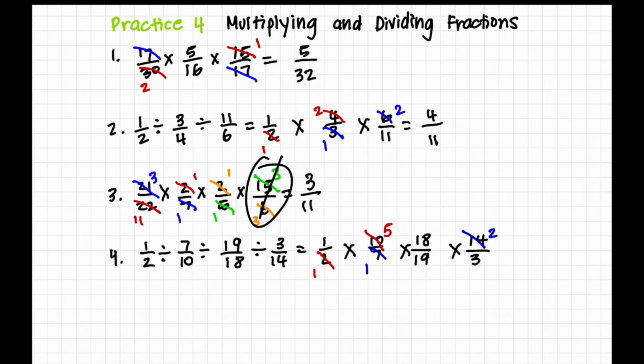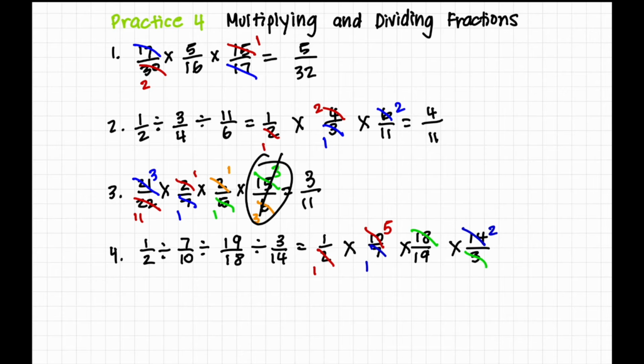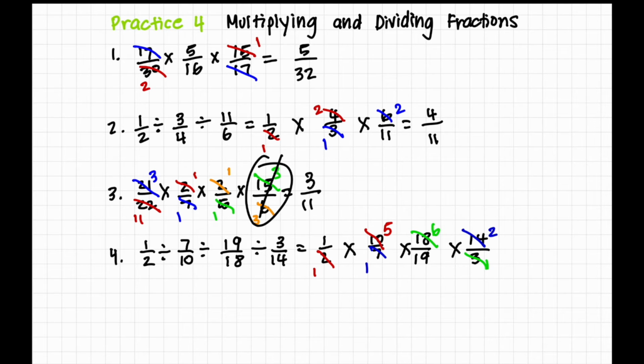And lastly, there's 18 and 3, which can be simplified into 6 and 1. So there is 19 on the denominator, and everything else is a 1. And then 5 times 6 times 2, which is 12 times 5. And we know that's 60.